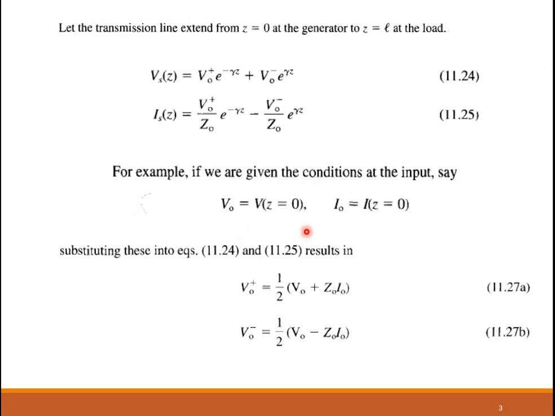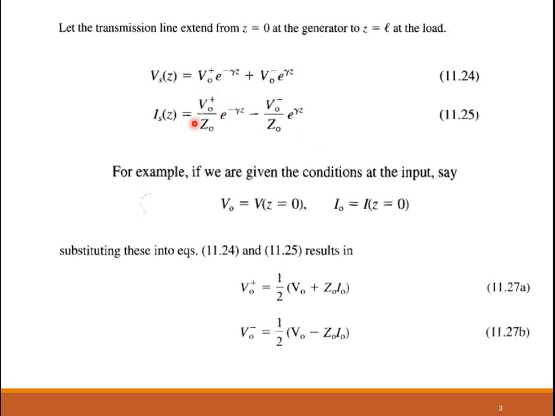To derive an expression for Zin, we're assuming that your transmission line extends from z equal to 0 to z equal to L. So z equal to L is the load end. These are the two expressions which we have derived: this is the wave equation in voltage form, and this is the wave equation in current form, which was derived in lecture 5.